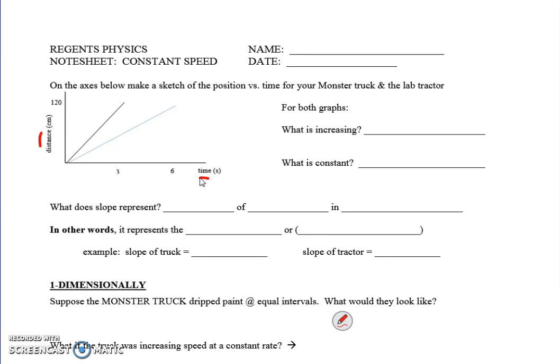So what's increasing? Well, something's going from here all the way up to here and vice versa. Okay, so that's pretty straightforward when you look like that. What's increasing? Distance. Okay, and by the way, what's implicit in this, what's increasing with time? Well, what is constant with time here? What is staying the same for every single second that we have a data point for this line or the other line?